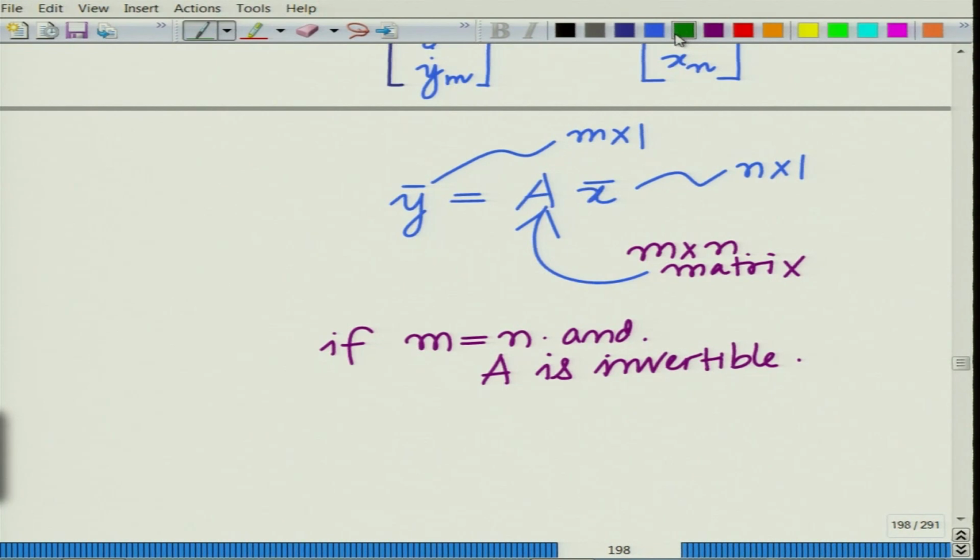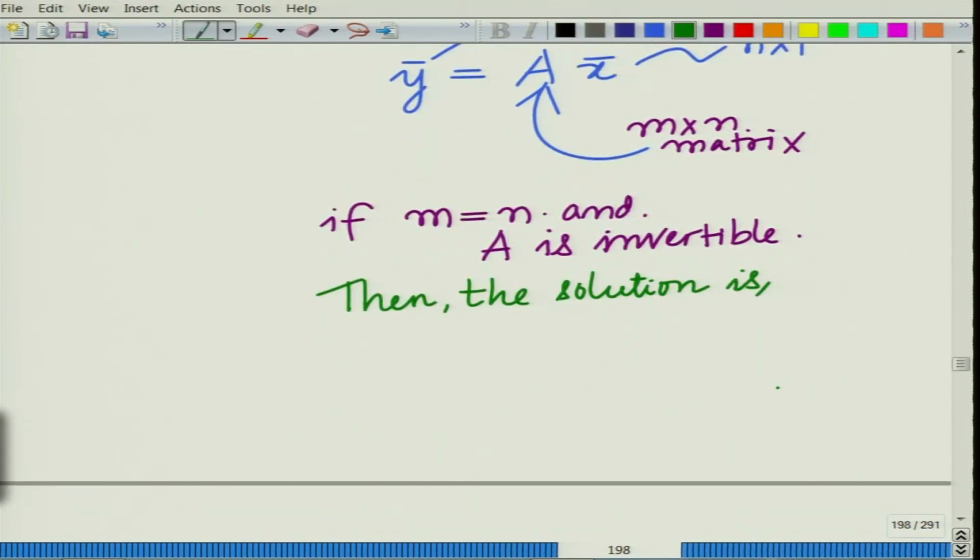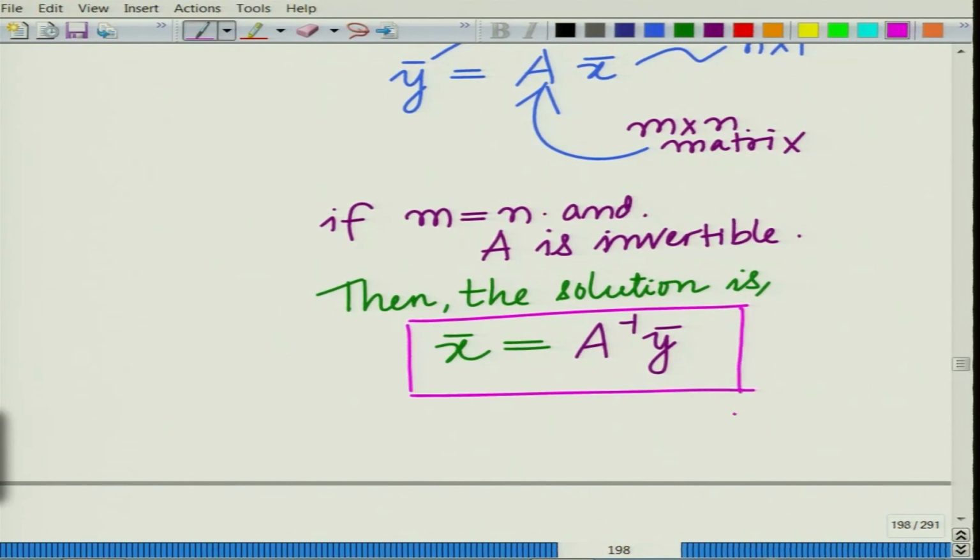Only if A is not singular, that is, A inverse exists, then the solution is given as x bar equal to A inverse y bar. This is the solution only if A is invertible.